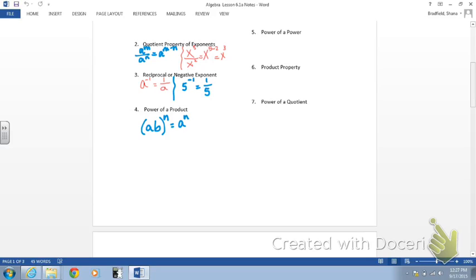So I have a to the n and b to the n. So an example may be if I have 2x to the 3rd. So the 2 is going to be taken to the 3rd power, and the x is going to be taken to the 3rd power, and so that's going to simplify to 8x to the 3rd.